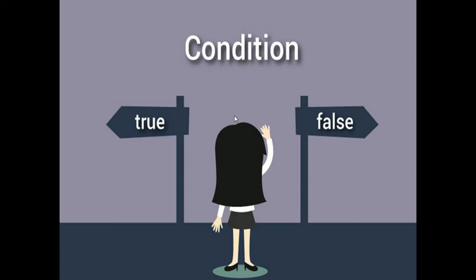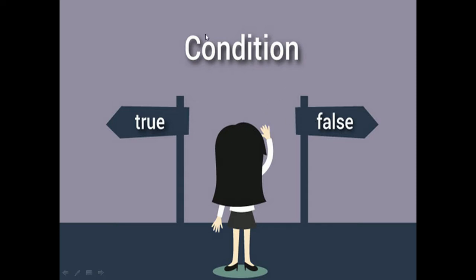Here you can see a little girl who is having a condition, and based upon that condition, if it is true, she will go towards the left, and if it is false, she will go towards the right. The similar thing is in our programming concept in Python.